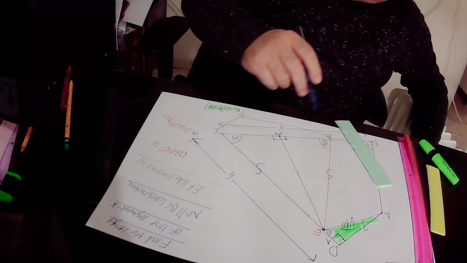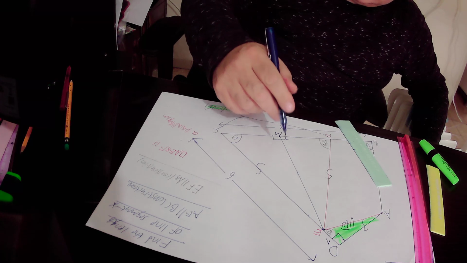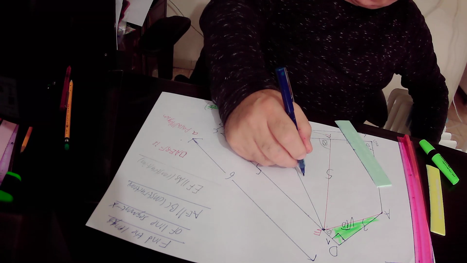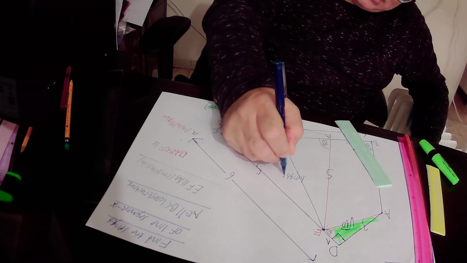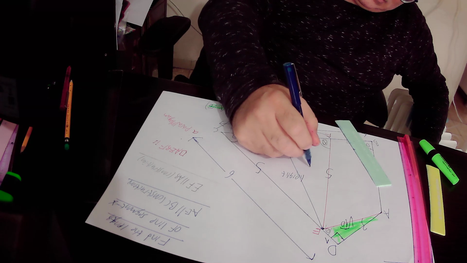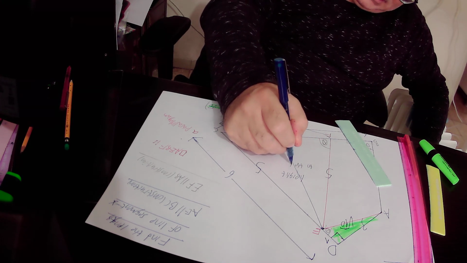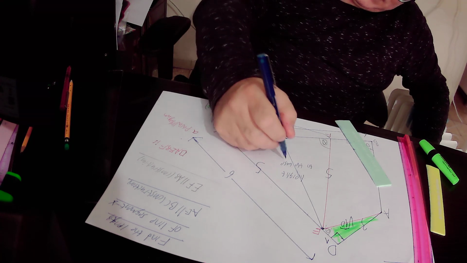Therefore, EM that is perpendicular to FC will be defined as the height to the base FC.